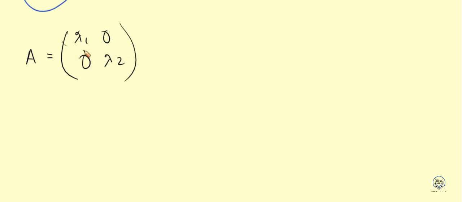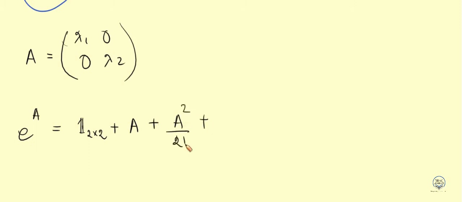So this is just a diagonal matrix, and it's a 2 cross 2 matrix, but you can always extend this calculation to n by n. So if you write e to the power A, the first thing you will get is an identity matrix, that is a 2 cross 2 identity matrix. The second thing will be A, the third thing will be A squared by 2 factorial, then A cubed by 3 factorial, and so on.